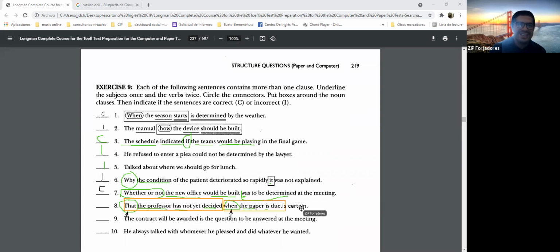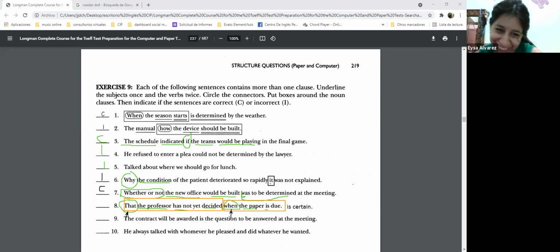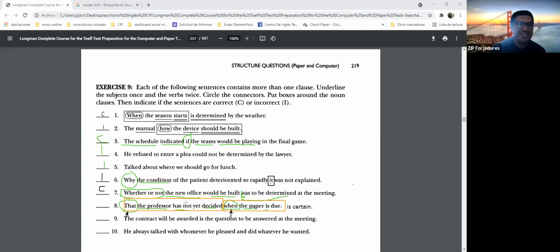Do you understand it? It was difficult, but I think yes. All right, so "that the professor had not decided is certain." Imagine that this one doesn't exist. So you have your connector, subject, verb, and another verb because this is the clause, all right?